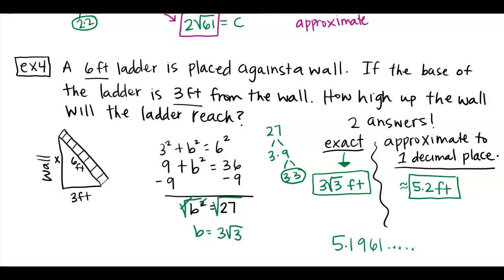It's kind of like the number pi, where it never repeats and never ends. And so that's why this is the exact answer, because we can write it down without these never-ending decimals.